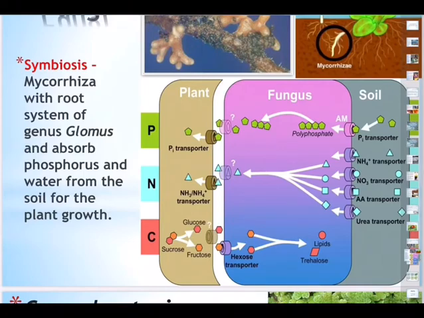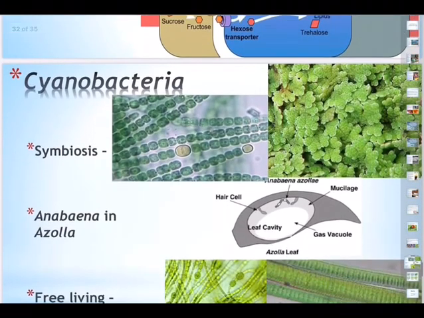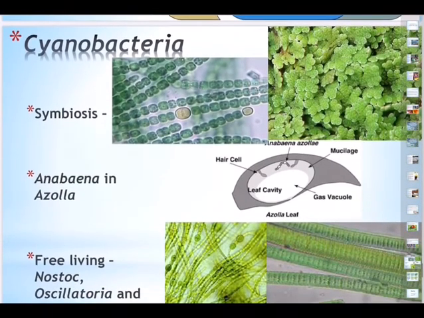So all these are because of natural ways. So Mycorrhiza is the symbiotic relationship of fungus with the roots of higher plants.